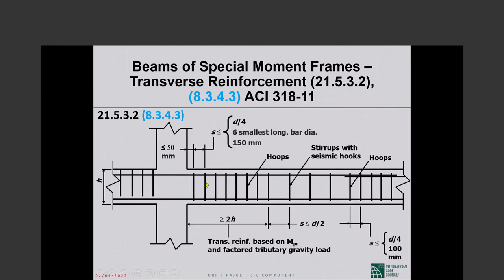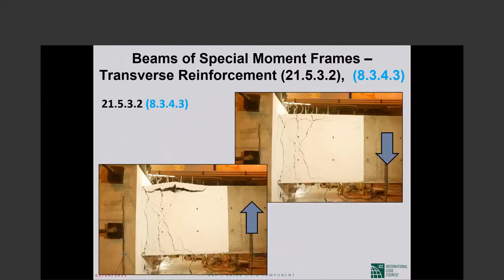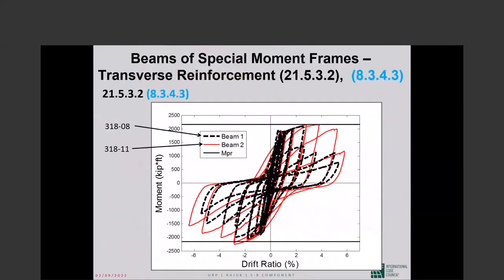Very, very important change. The spacing of these hoops in the plastic hinge region was made significantly tighter. This was done on the basis of tests at the University of California, Berkeley. You see the kind of test that was done.